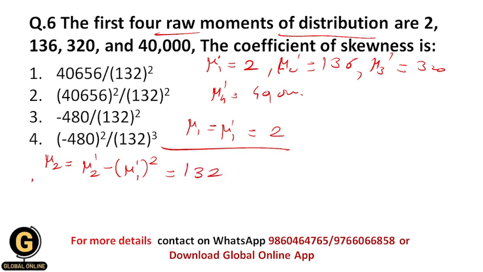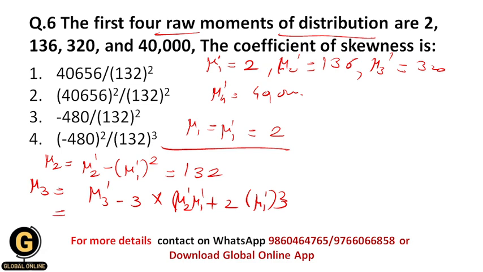Now let us find the value of mu3, which is equal to mu3' minus 3 times mu2' mu1' plus 2 (mu1')^3. When you substitute the values of mu3', mu2', mu1', you will finally get minus 480.